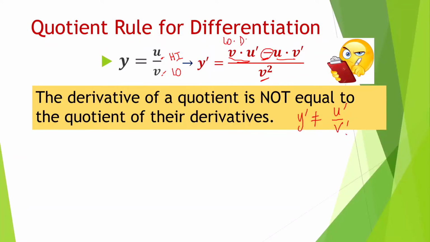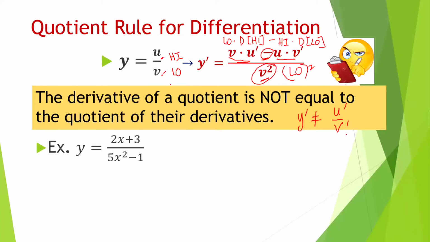So meaning kukunin mo yung derivative ng high, low d high minus high d low, meaning derivative ng low, over, pwede natin sabihin low squared. Okay? So low d high minus high d low over low squared. Unahin mo yung low d.